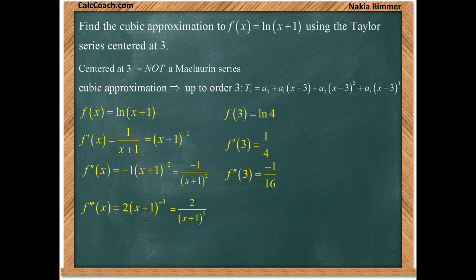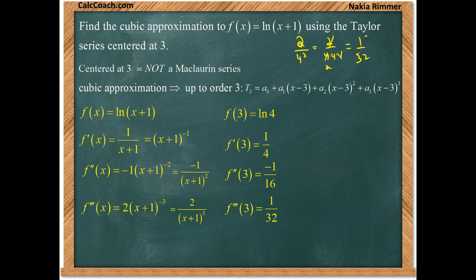Finally, plug a 3 into the third derivative, and we get 2 over 64, which is 1 over 32. 2 over 4 cubed, we can cancel and have 1 over 32.